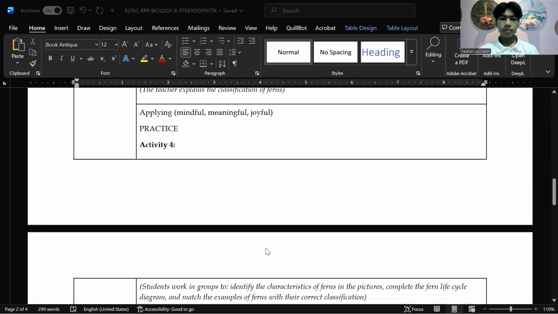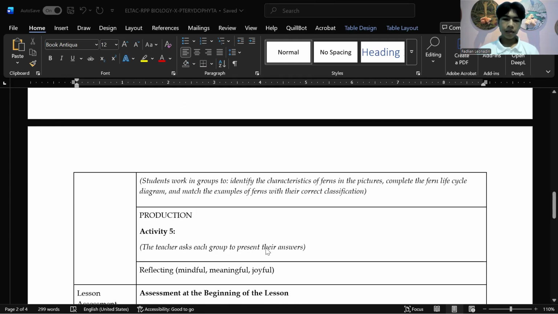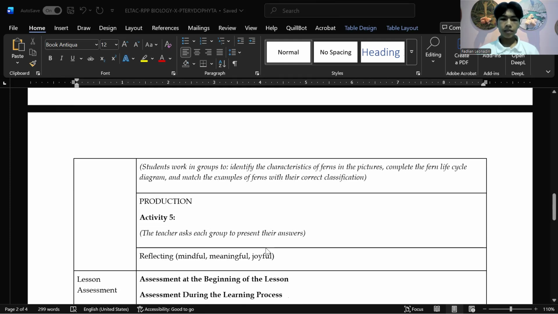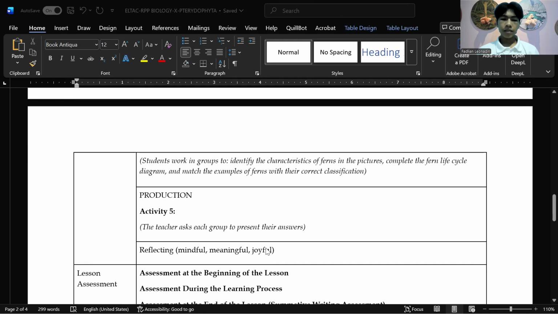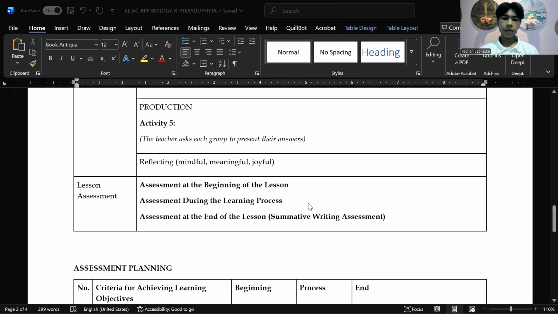And then for practice, students will work in groups to identify the characteristics, the fern life cycle, and then match the examples of ferns with the correct classification. And for the production stage, the teacher will ask each group to present their answer through presentation. And lastly, reflection.